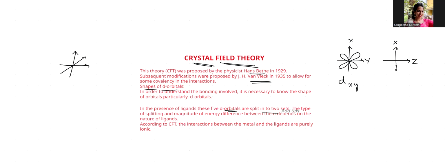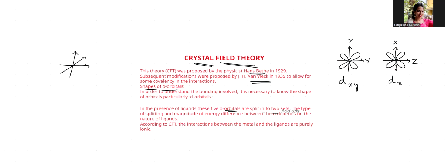Whichever d orbital is oriented in between the x and the z axis is named dxz.